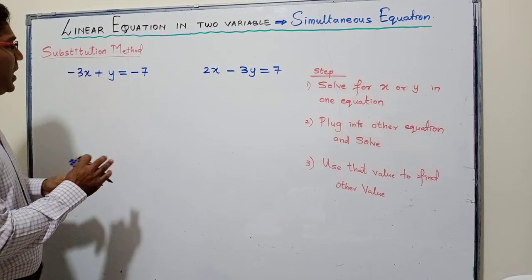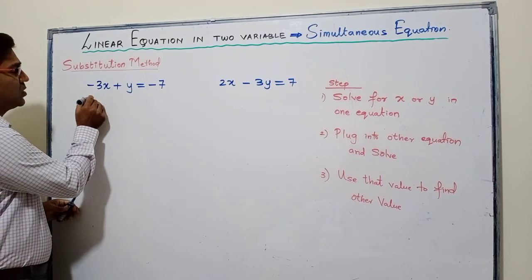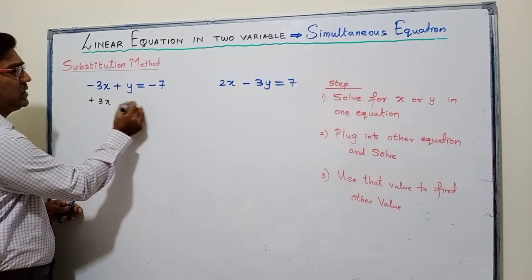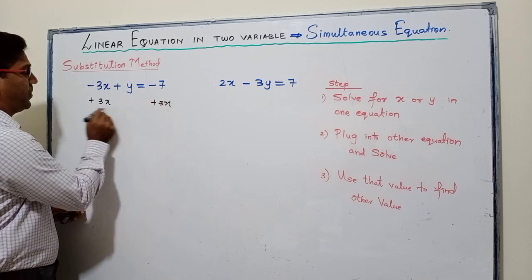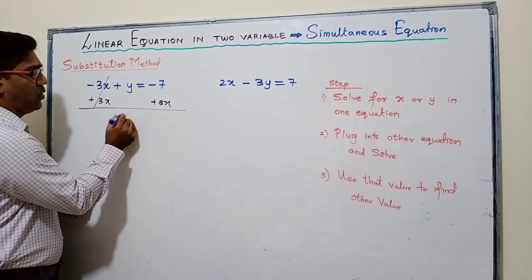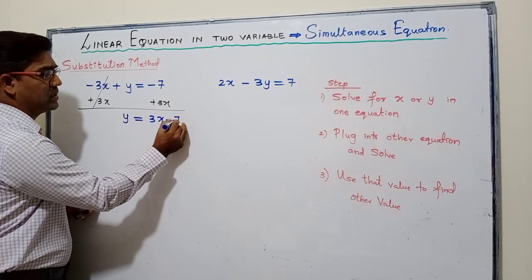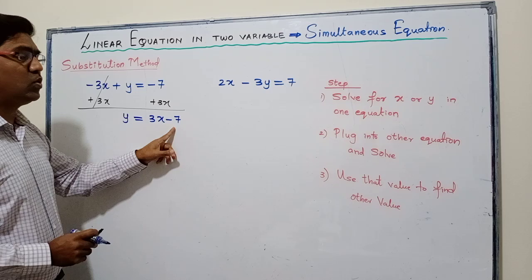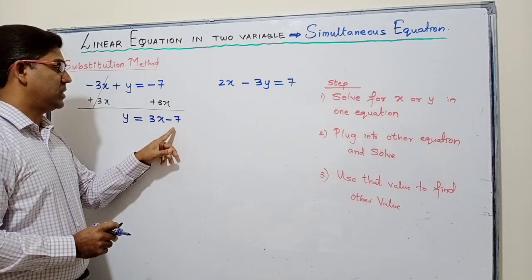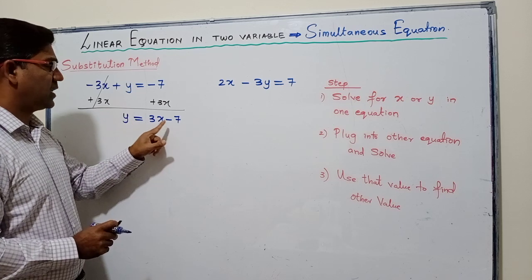To isolate y means to solve for y. So, minus 3x, I'll do plus 3x on both sides. This will get cancelled. So I get here y equals 3x minus 7. I cannot combine these two because they are unlike terms. Now my first equation is y equals 3x minus 7.